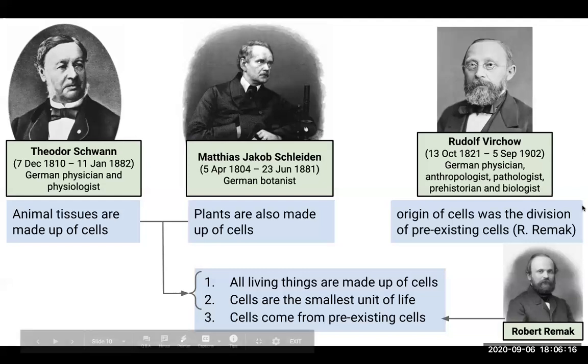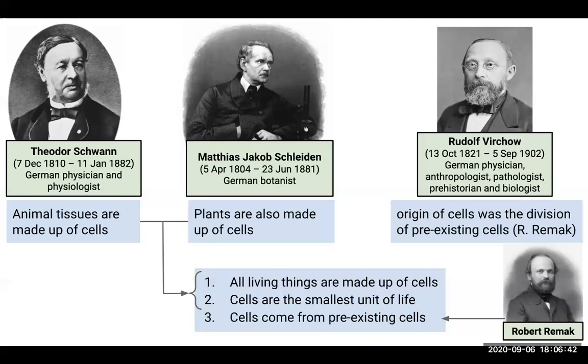Rudolf Virchow, he knew of Remak's work. He looked at his findings, and then he went off and observed embryo cells, just like how Robert Remak did. And he saw that these embryonic cells would go through cell division, and then they would produce new cells.